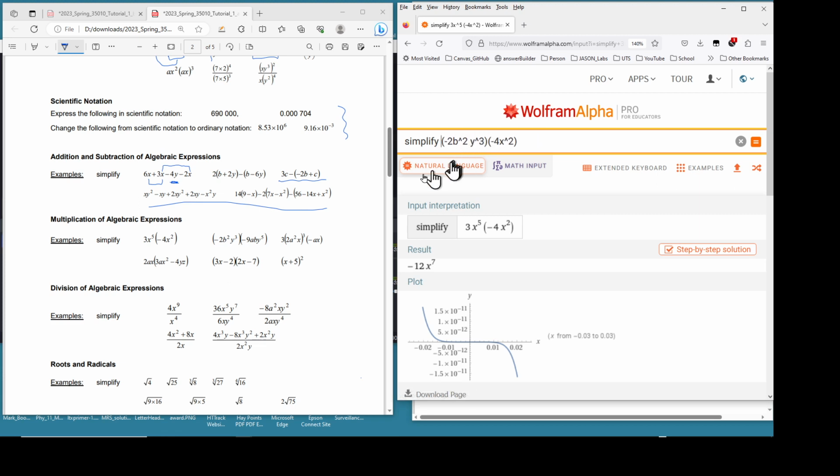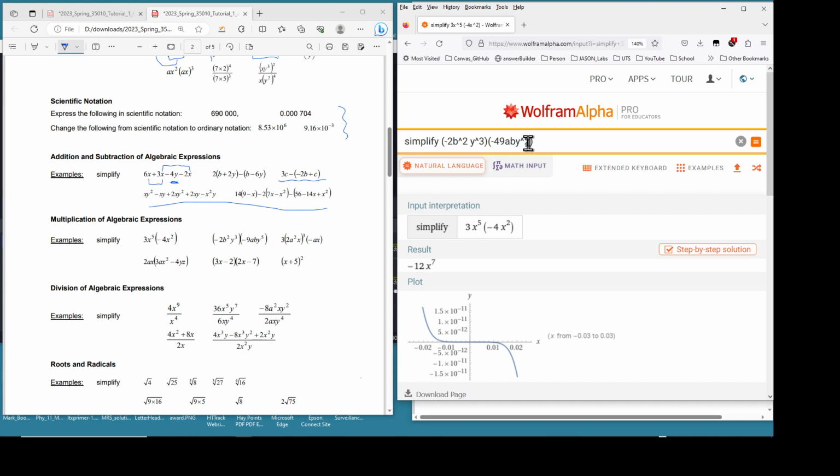So minus 2b squared y3, yep, and then minus 9ab y5, and we'll change that y and 5.